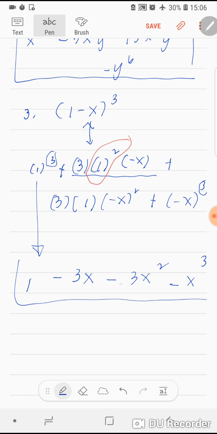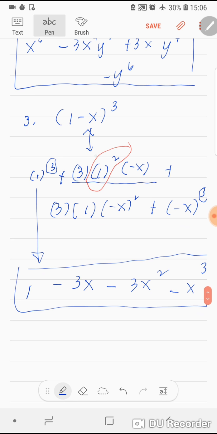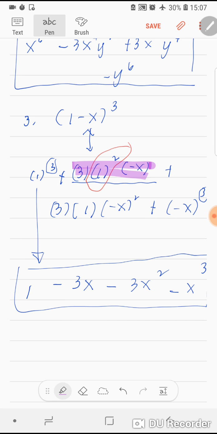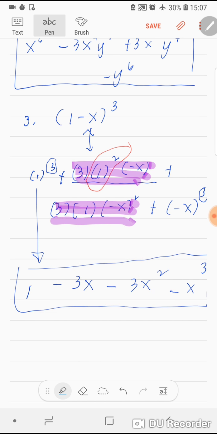So this would be the final answer. Once again, there will be a doubling or squaring effect in the second and in the third term. When you want to cube, it would be in the first and the last term.